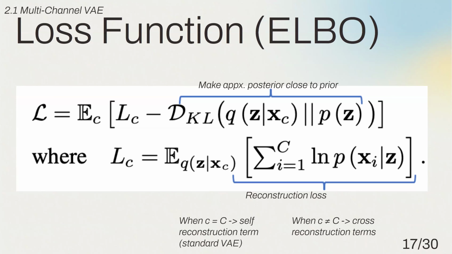Same idea. So it says LC is the expected log likelihood of decoding each channel from the latent representation of the channel XC only. I guess it's shorthand for latent representation created or mapped by channel XC, but it's in the same latent space.